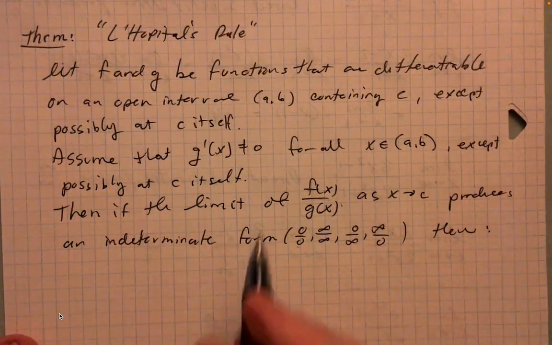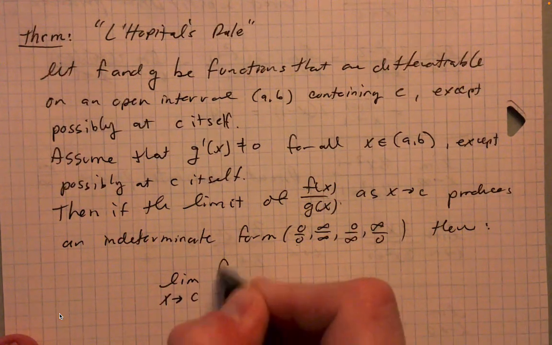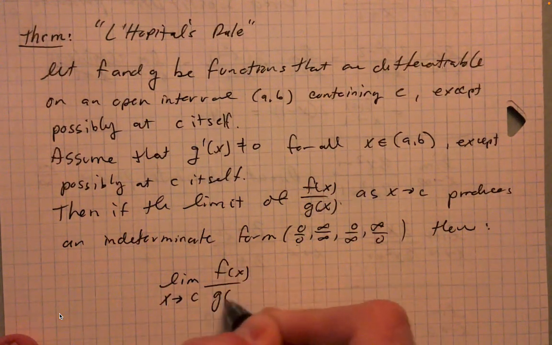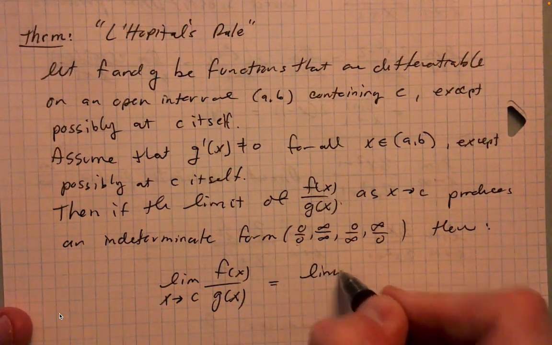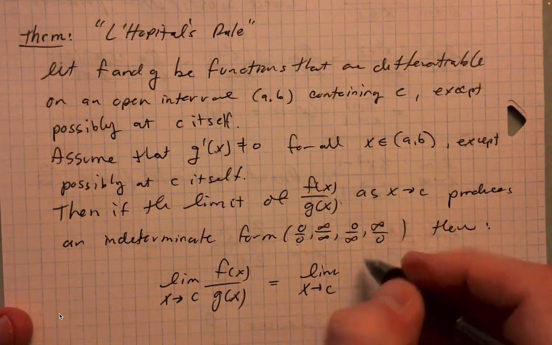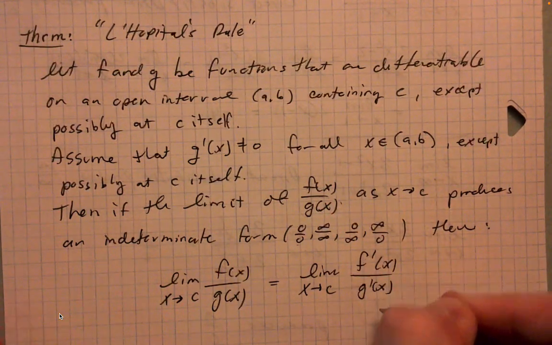then the limit as x approaches C of f of x over g of x will actually be equal to the limit as x approaches C of f prime of x over g prime of x.